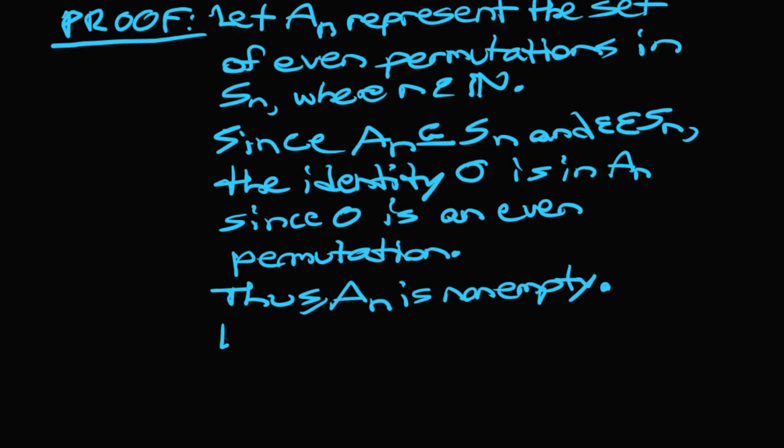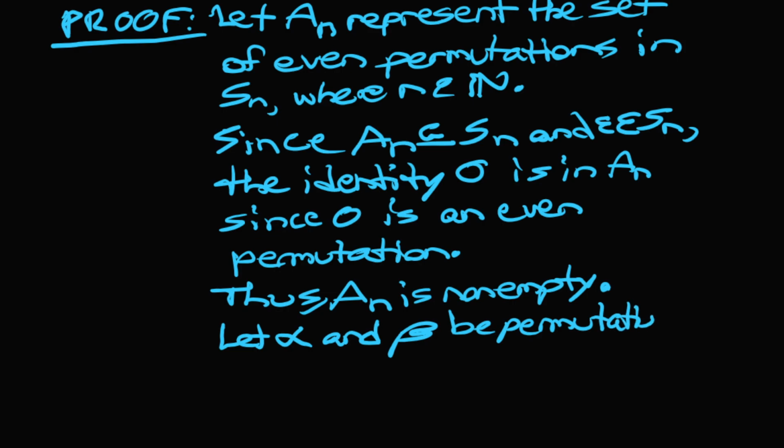So now let alpha and beta be permutations of A of n.